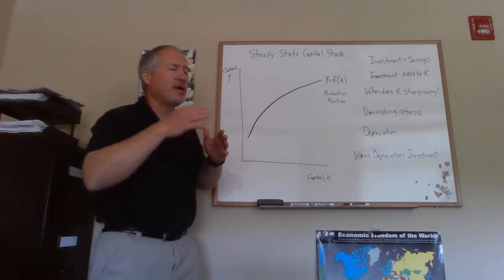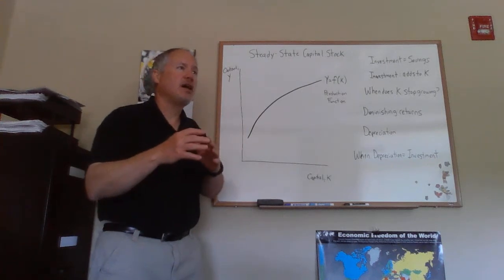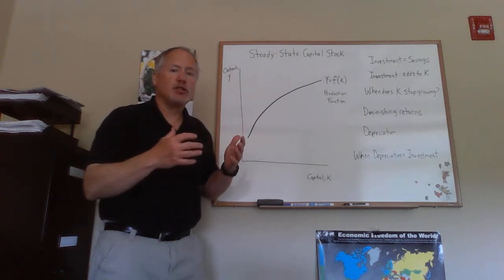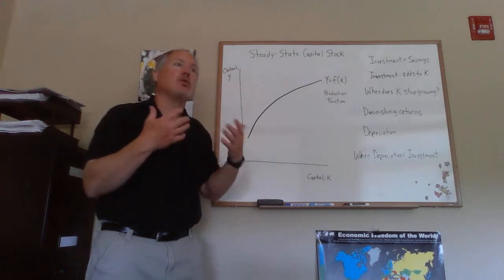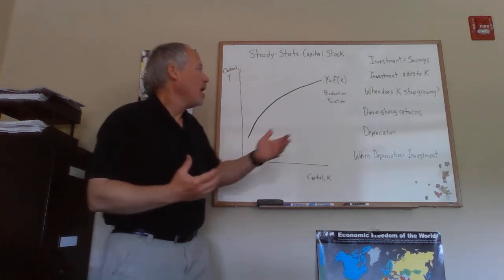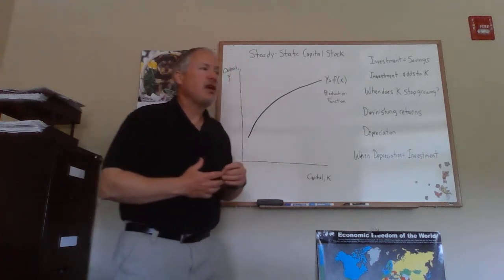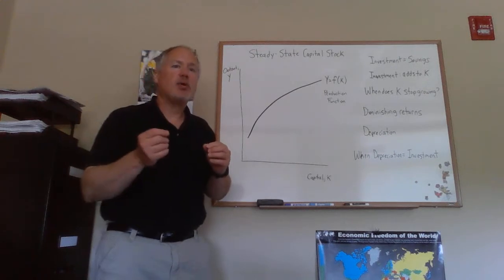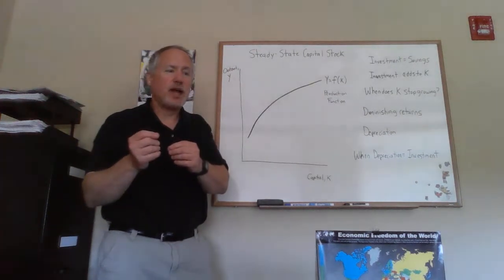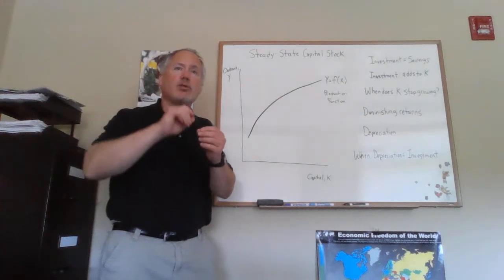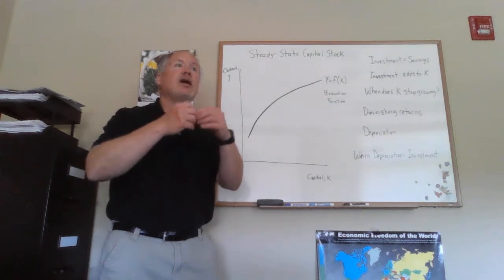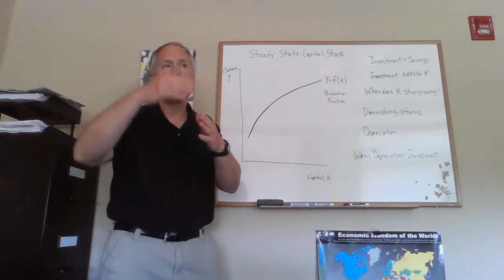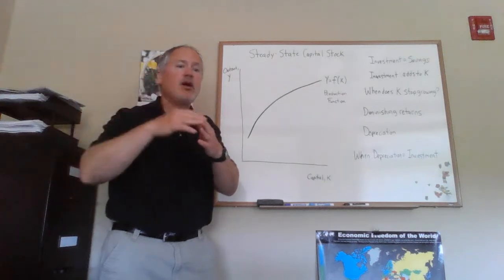So as we add more capital, holding other inputs constant, diminishing returns are going to apply. The law of diminishing returns tells us how much extra output we get when we have some extra capital.